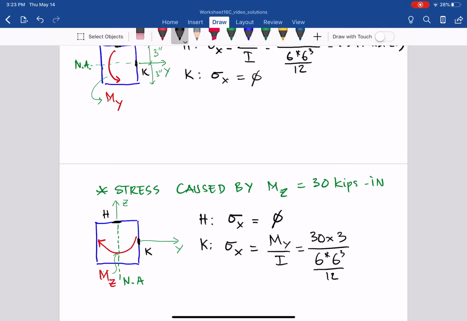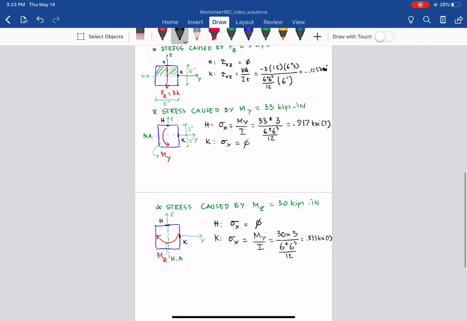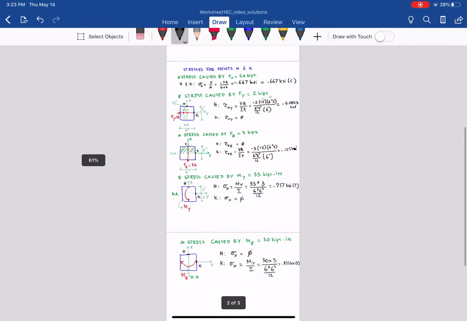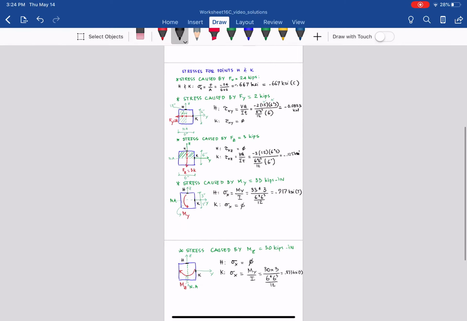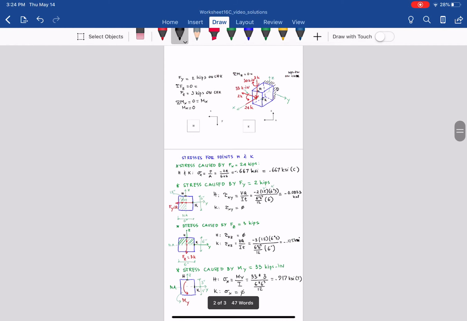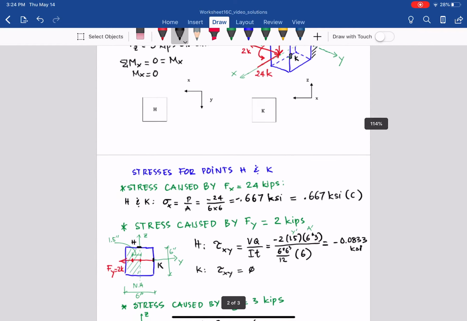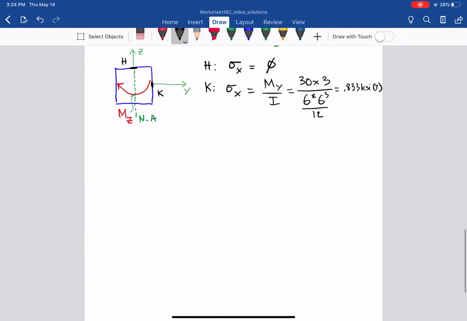So the answer will be 0.833 KSI positive tension. So that we do all of the forces, and now we just add them together, and of course we can go back to the block later on. So from that we can add all stresses.